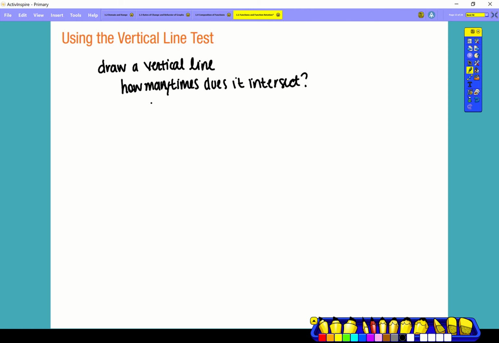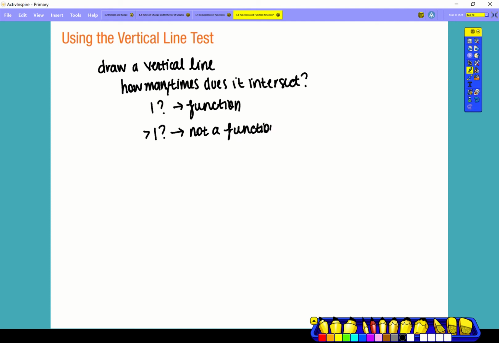Is it 1 or greater than 1? So if it intersects one time, then you're good to go and you have a function. If it intersects more than one time, you're not good to go and you don't have a function.